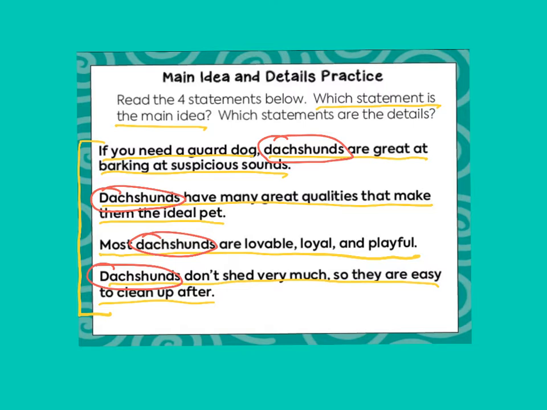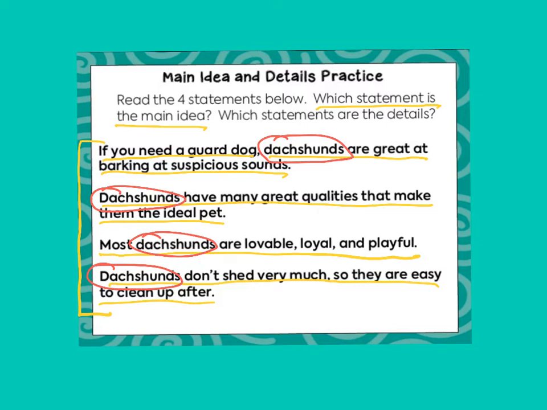Is that what all the details would be about? Or is it that they have many great qualities that make them the ideal pet? Is it that dachshunds are lovable, loyal, and playful? Does that cover them also barking at suspicious sounds? I don't think it does. And the last one, dachshunds don't shed very much, so they're easy to clean up after.